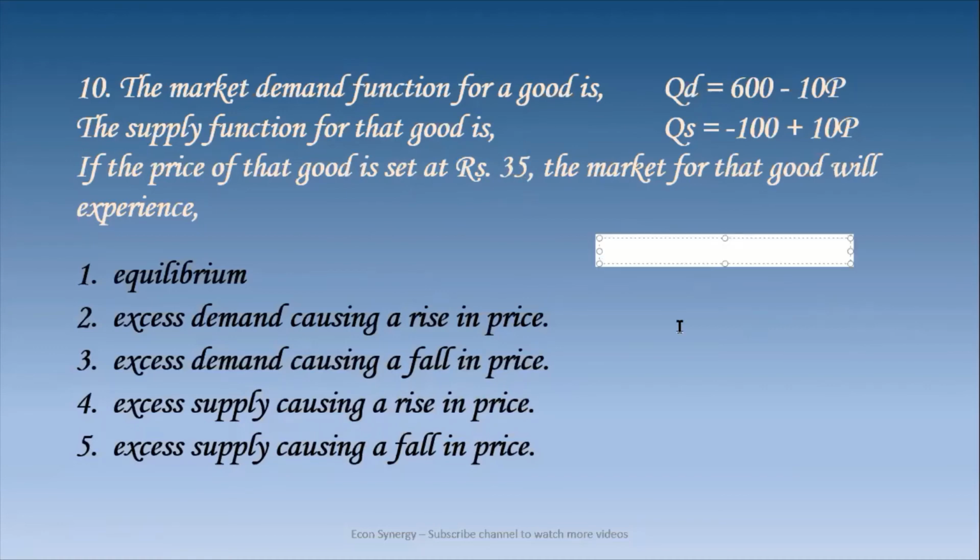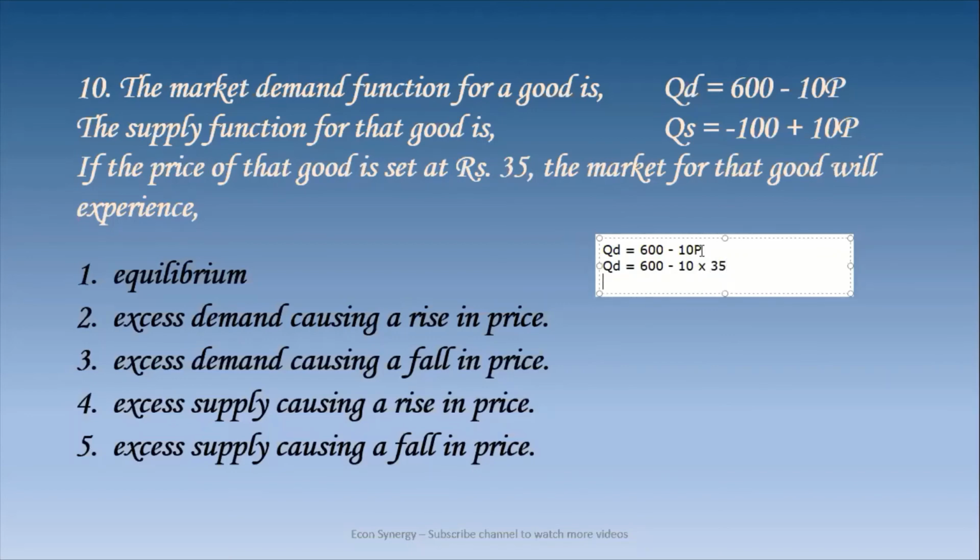Then I will write the quantity demand equation. QD equals 600 minus 10p. Then we will substitute this 35 for p. Then QD equals 600 minus 10 into 35.